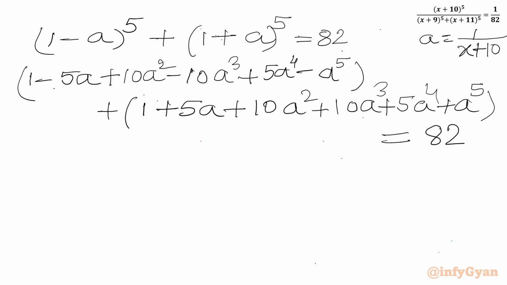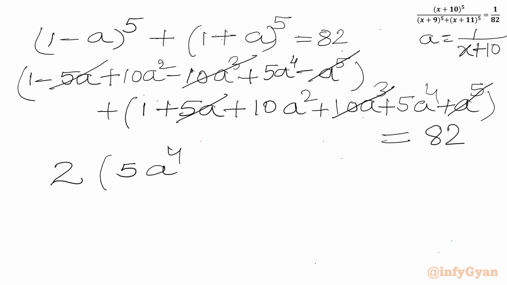Now we can cancel minus 5a, minus 10a^3, minus a^5 with 5a, 10a^3, a^5. So we will get 5a^4, 10a^2, plus 1, twice. So I will take 2 common out. In the bracket we can write 5a^4 + 10a^2 + 1, equal to 82.